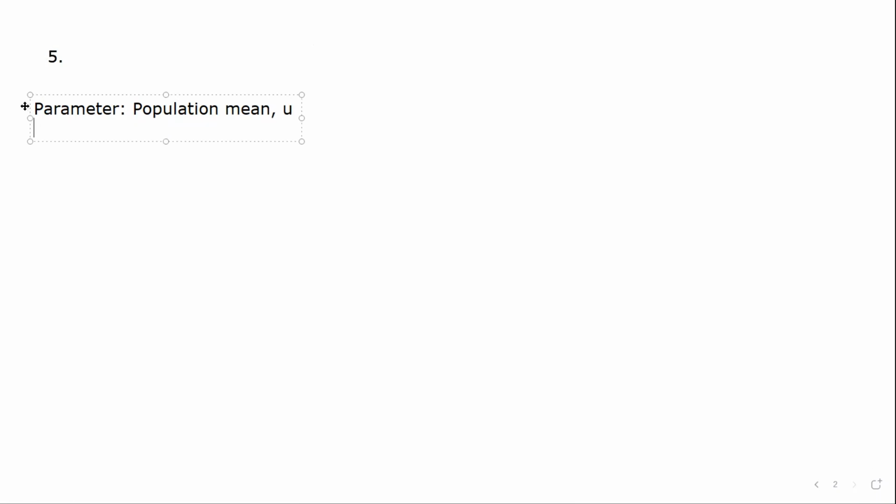Then we have our method and our test. So our test is going to be a 2-sample z-test with statistics.